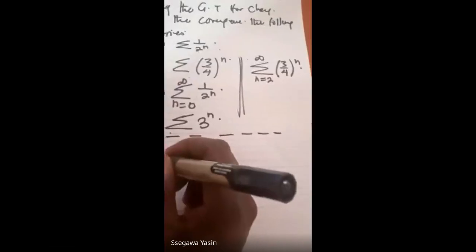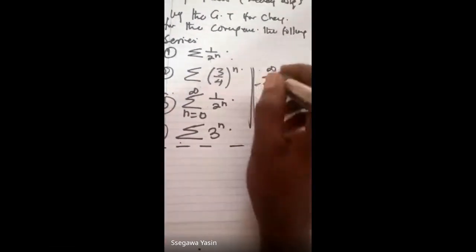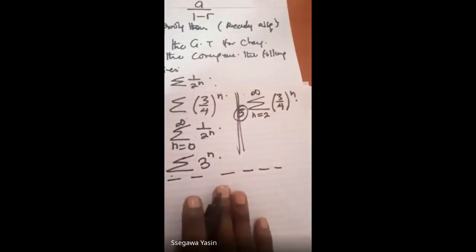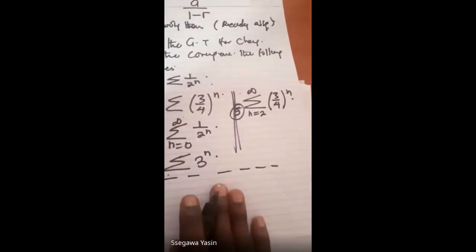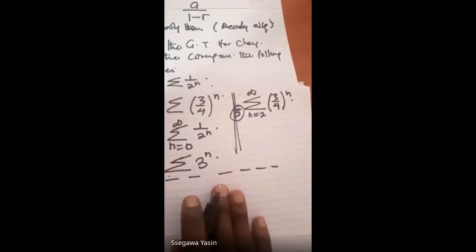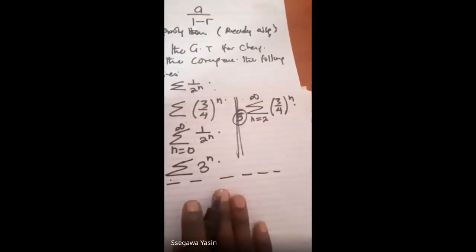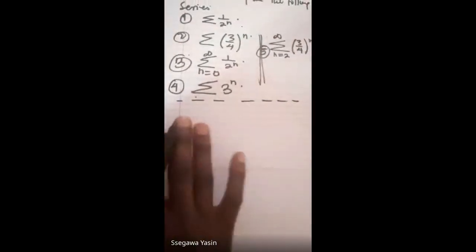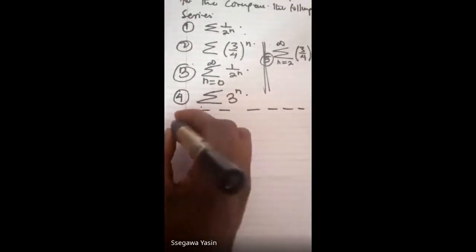I can't see the last number on that side. Hope you have seen it. This is the one, number 5. So let's go with number 1.